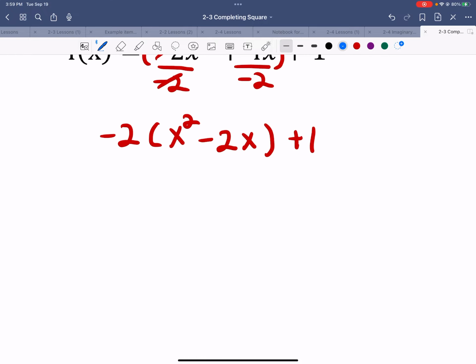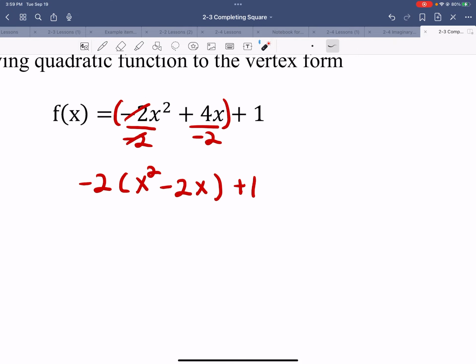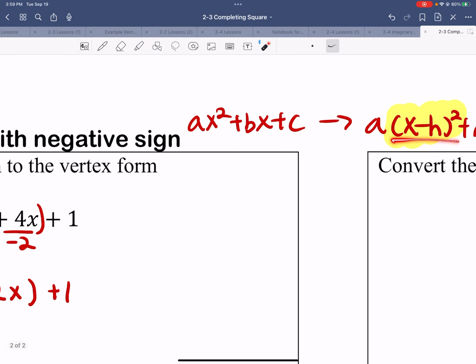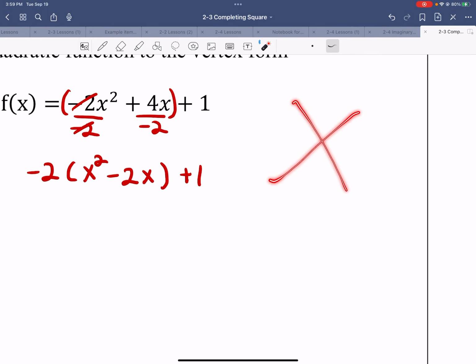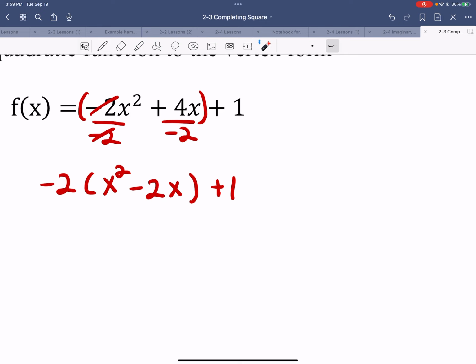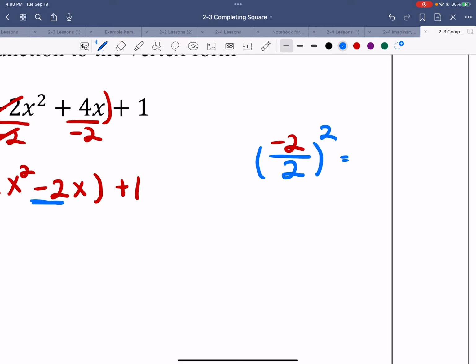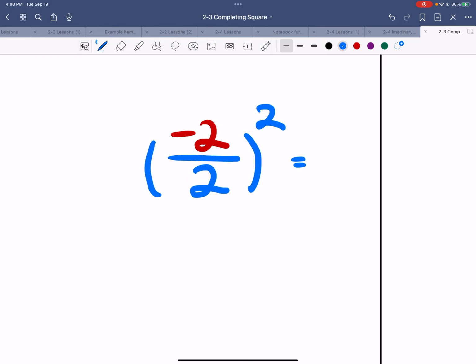Next step. Now I need to make this into a perfect square, as you remember. So how can I get the third number? I just take this number, -2, always divide it by 2, and then square. So let's do it. What's -2 divided by 2? That's -1.